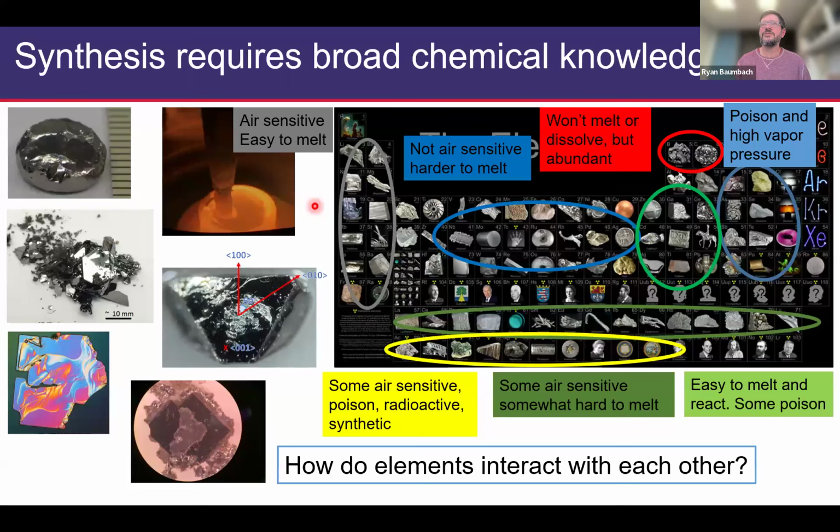So now I'm going to switch gears and start talking about binary phases of elements. And here, our bottom line question sort of is, how do elements interact with each other? And an even more fundamental way of putting that is, what is the thermodynamics of having pairs of electrons?